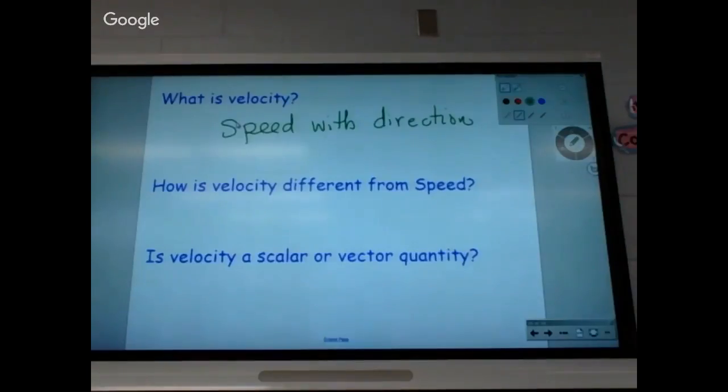Velocity is speed with direction. So, how is velocity different from speed? Now, based on what I just wrote in that definition.